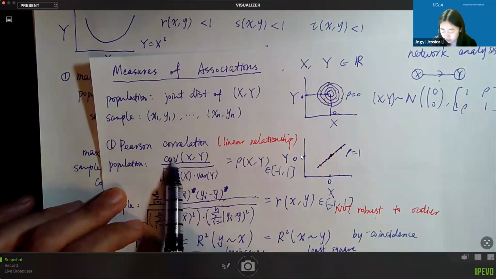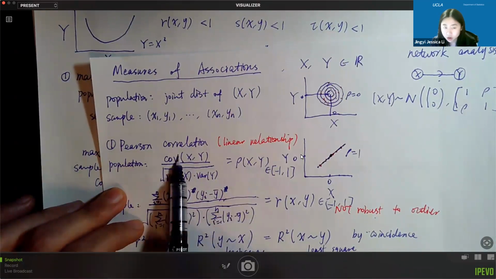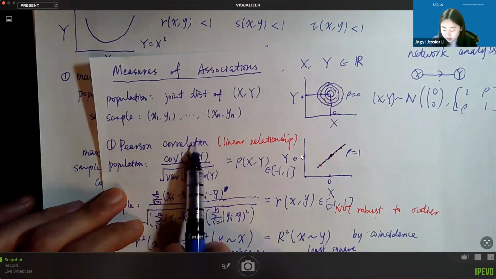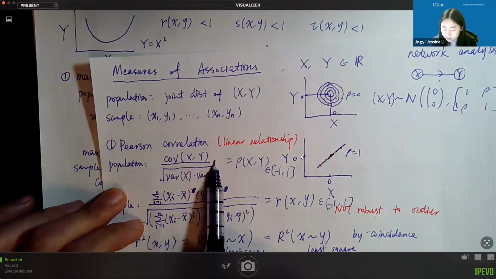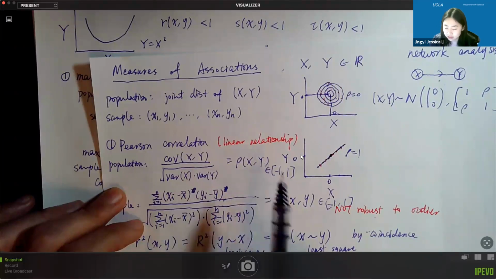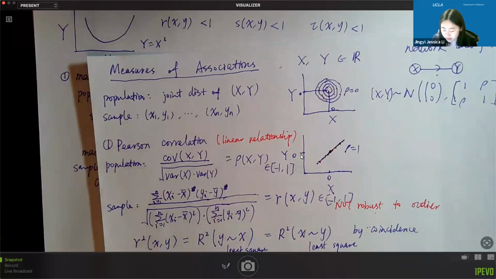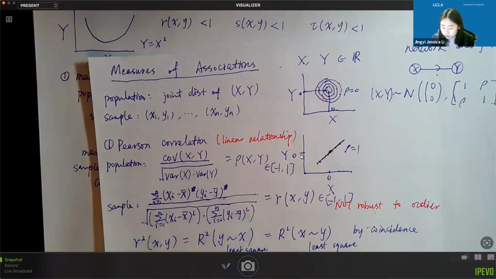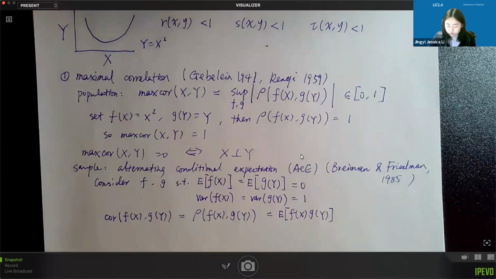And this covariance, if you recall, its formula is the expectation of x minus expectation of x, multiplied by y minus expectation of y. Since expectation of x is 0 and expectation of y is 0, it becomes just expectation of x times y. That's why these two constraints will make it convenient for us.